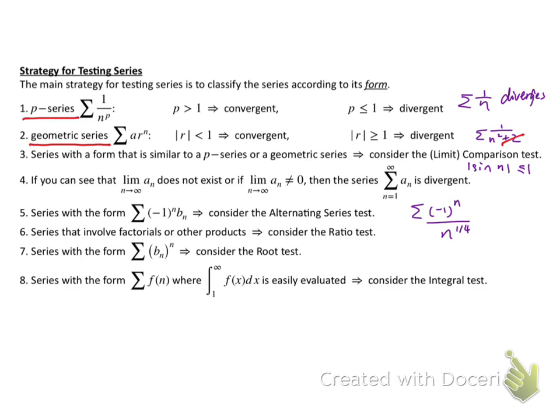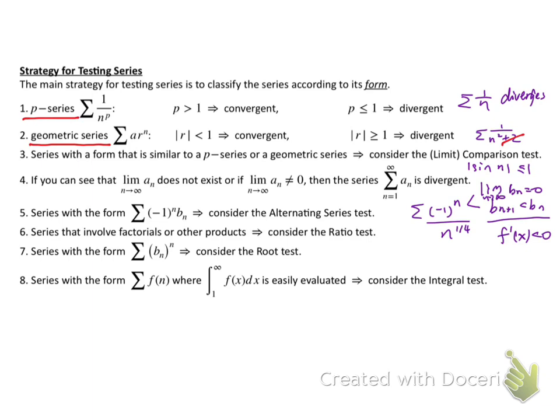Of course, the form can be more complicated, but the idea is you need to show b(n+1) is less than bn, and the limit of bn goes to 0. You need these two. Sometimes you need to show b(n+1) is less than bn by showing the derivative is less than 0, which means the function is decreasing.